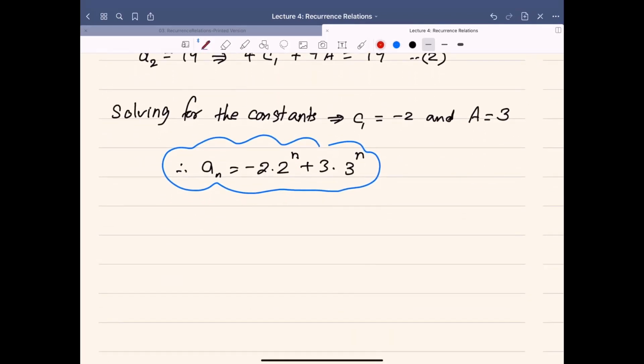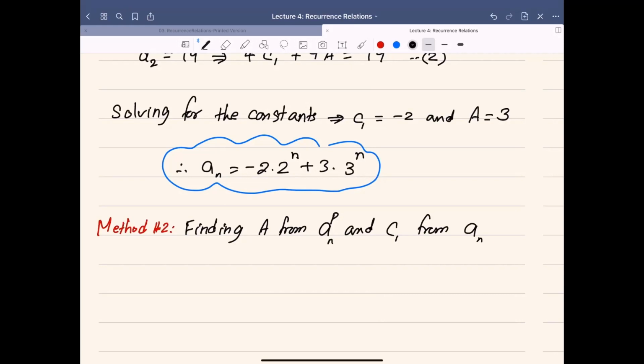Method number 2, finding the constants. Finding A from the particular solution anp and c1 from anh. So we will divide the constants into two parts.